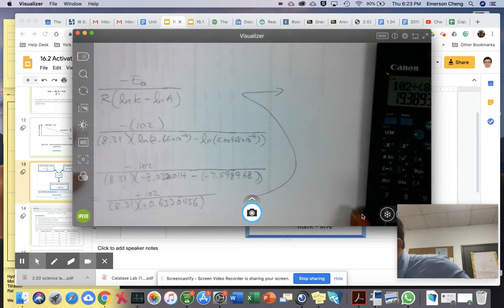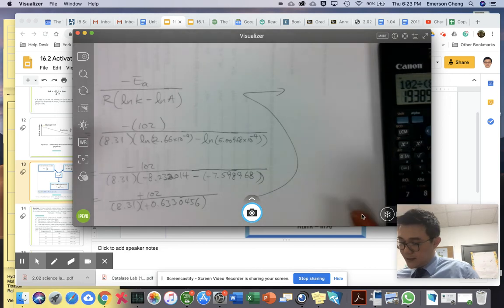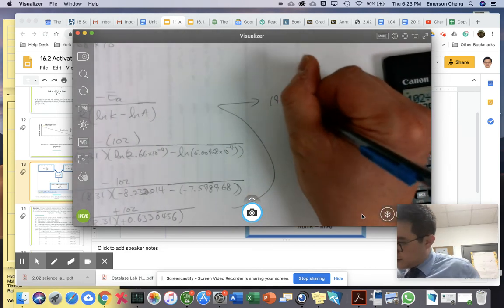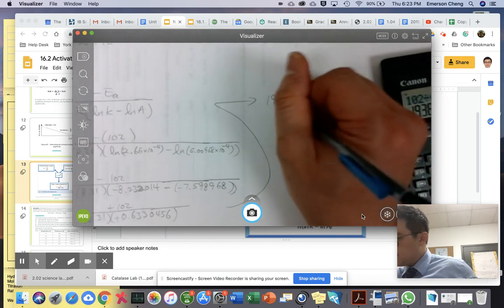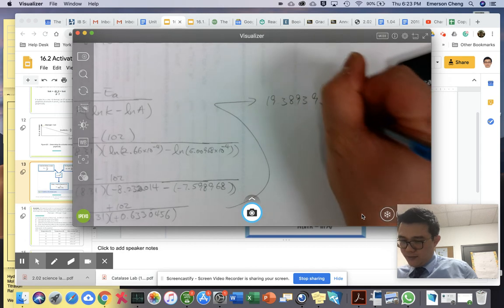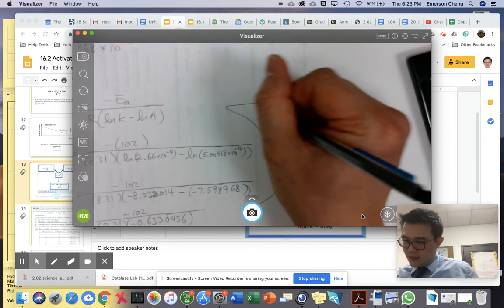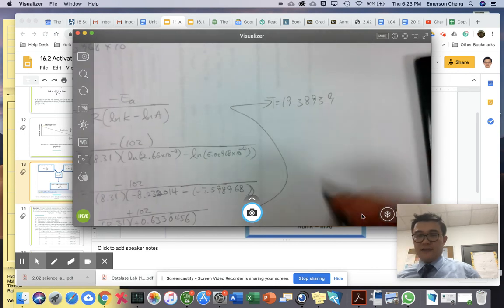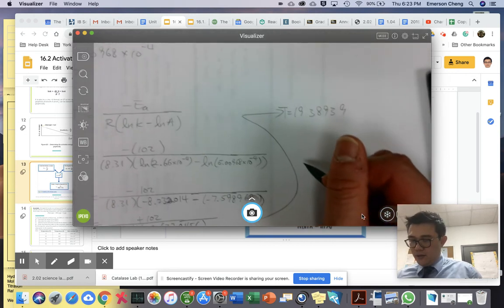All right, that makes sense: 19.38939, and that's the temperature in Kelvin. So that's T.